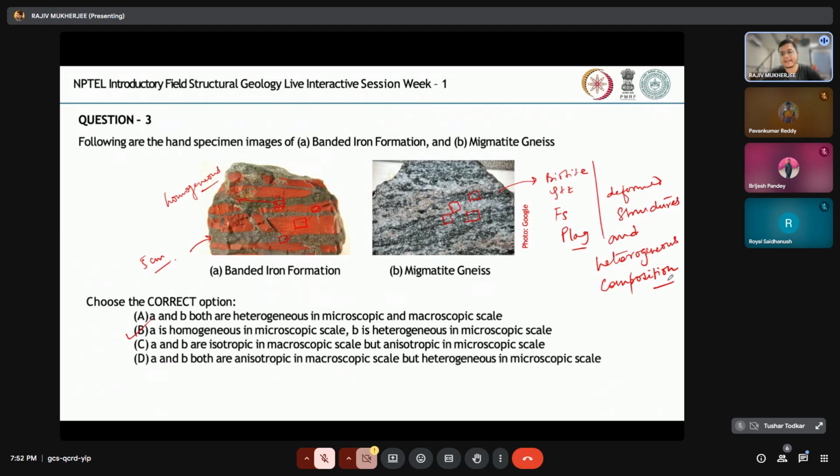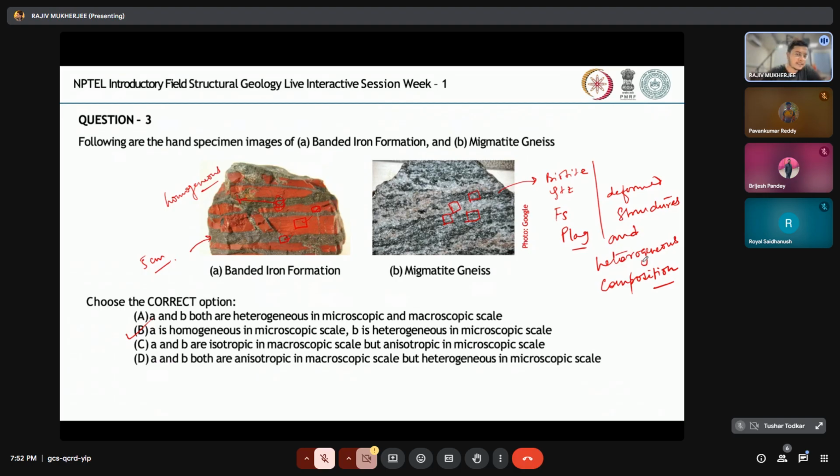So gneiss is such a rock where the deformation penetrates even into the micron scale, and that is why when you are making thin sections out of gneisses, instead of having a banded iron formation, you will see that there are signatures of deformation that make it heterogeneous at the microscopic scale. And since BIF, when we are talking about just BIF, we are referring to undeformed banded iron formation.